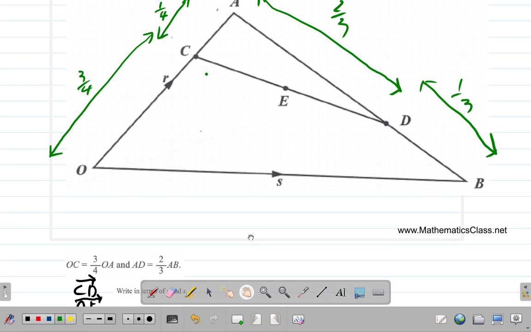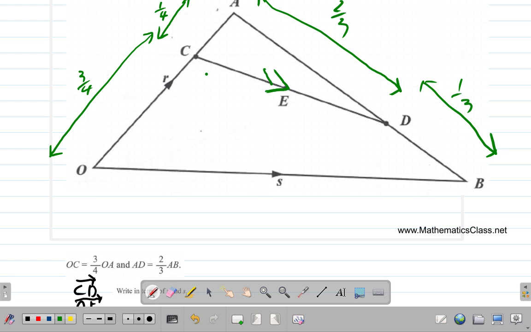Alright, in terms of r and s, CD. CD would be this, right? Now, if you look at it from C to D, you remember the triangle law of vectors. From C to D means you go this way.